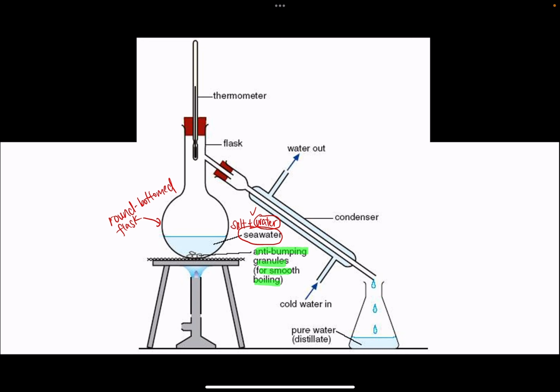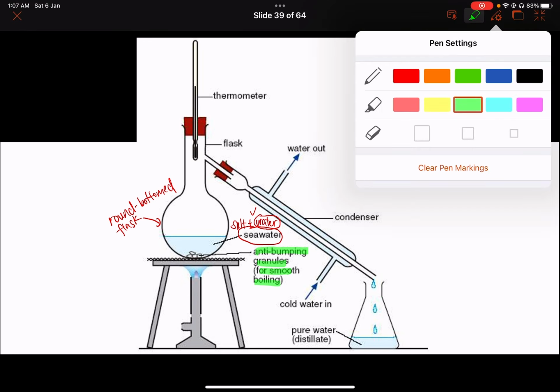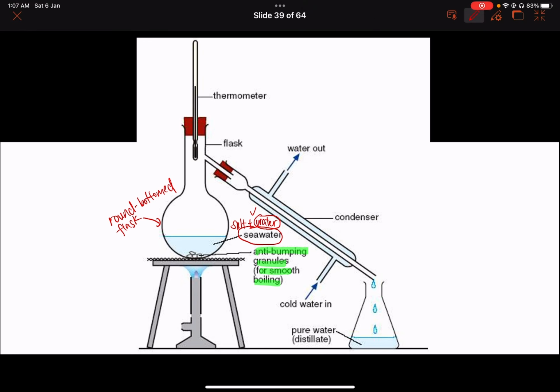During the heating of this mixture, it can be quite vigorous when it is bubbling and boiling, so that's why we add anti-bumping granules, or anti-bumping chips, or boiling chips. There are many ways to call it, for smooth boiling. You need to be aware of the purpose of the anti-bumping granules, because they will actually ask you.